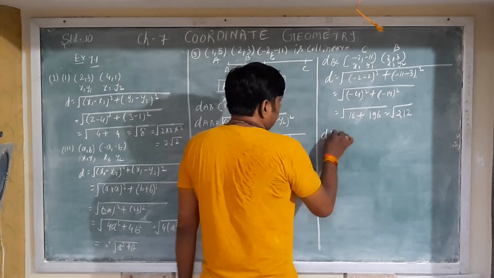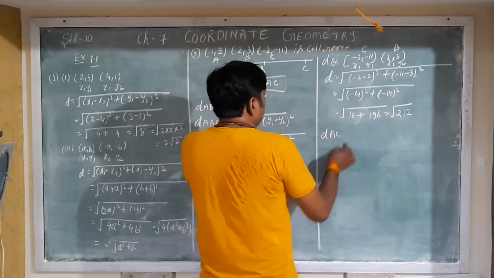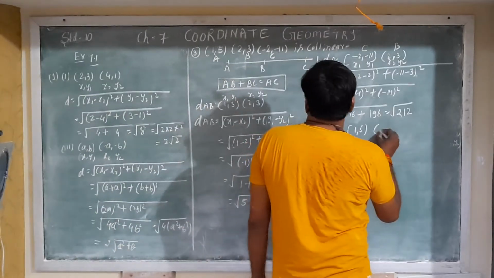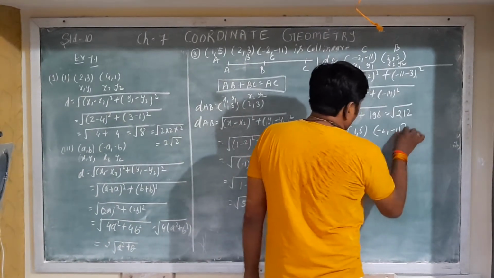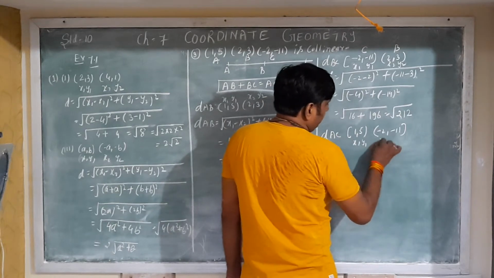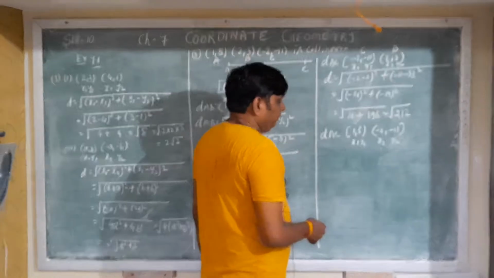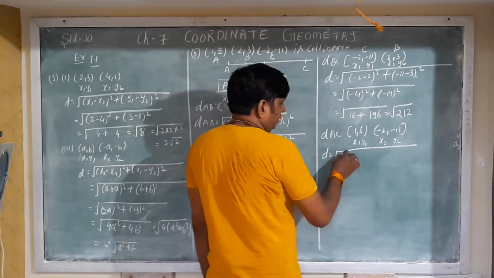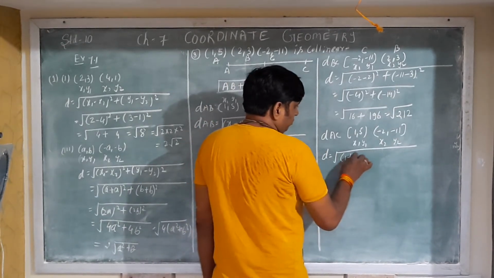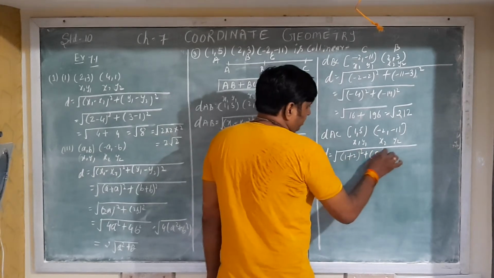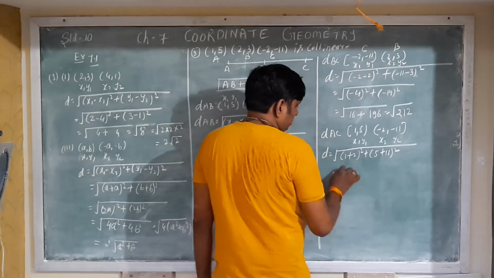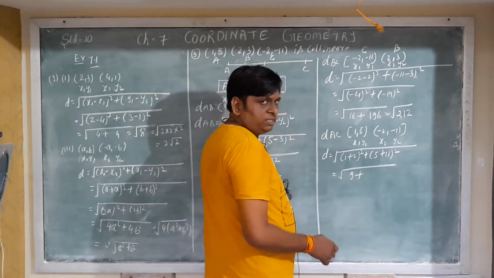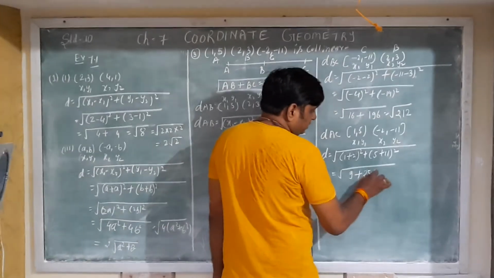Distance of AC, find out the distance of AC. Use point A and C. Write the points A and C there: minus 2, minus 11. Suppose here x1, y1, x2, y2. Okay, so write the formula here. Distance of AC: x1 minus x2 is 1 plus 2 square, y1 minus y2. 3 square is 9, 5 plus 11 is 16, square is 256.